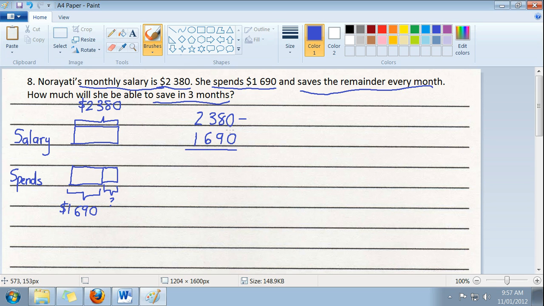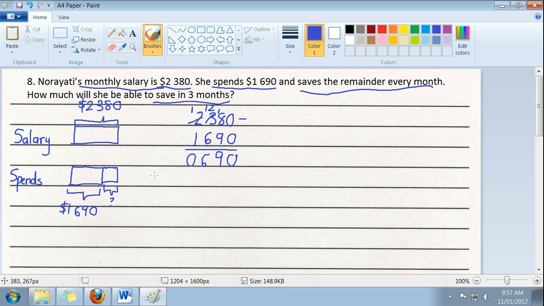Okay? 0 take away 0 is 0. 8 take away 9 we cannot do. 3 take away 6 we cannot do, because the top is smaller than the bottom. So we need to borrow from here. 18 take away 9 is 9. 12 take away 6 is 6. 1 take away 1 is 0.